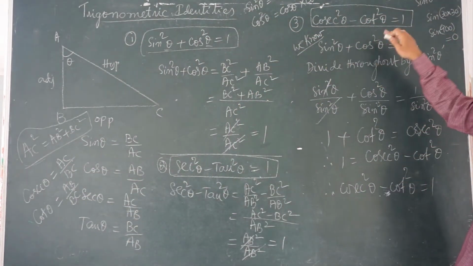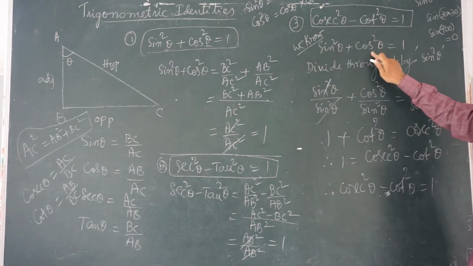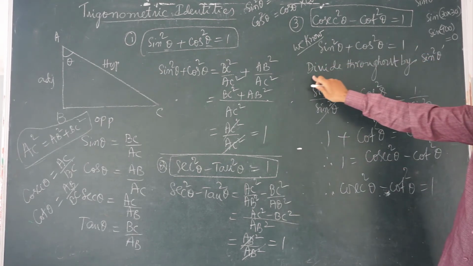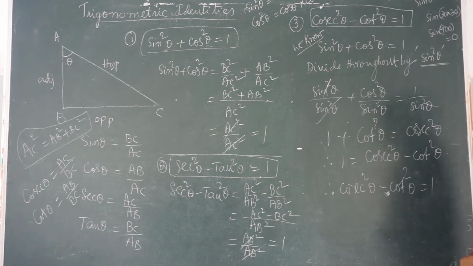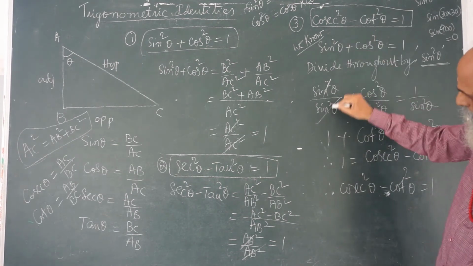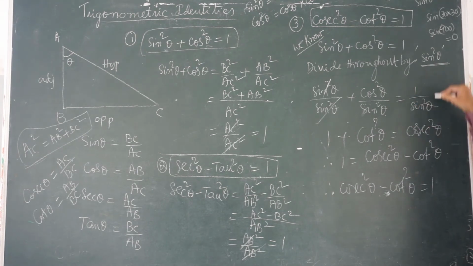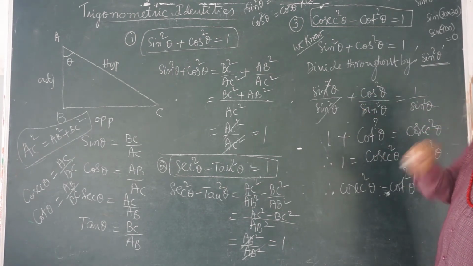Here I am telling you a different method. We know sin square theta plus cos square theta is equal to 1. First identity already proved. Now throughout this identity I divide by sin square theta. Now sin square theta by sin square theta plus cos square theta by sin square theta is equal to 1 by sin square theta. Sin square theta cancelled, 1.